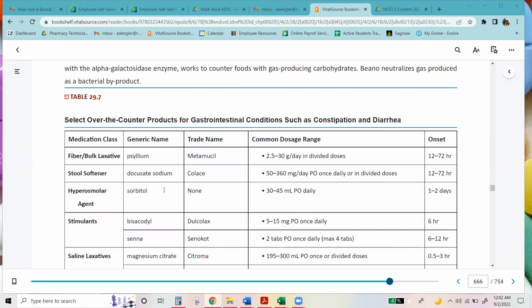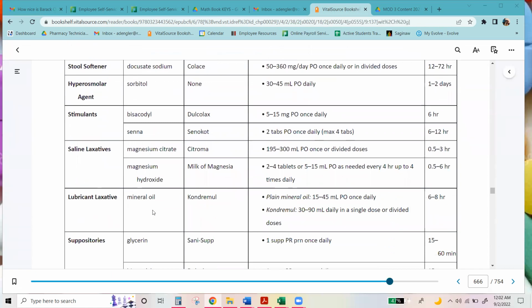Then there are other over-the-counter medications for GI conditions such as constipation and diarrhea. We have fiber and bulk laxatives such as Metamucil, Colace for stool softening, and a hyperosmolar agent, sorbitol. We have stimulants such as bisacodyl and senna.